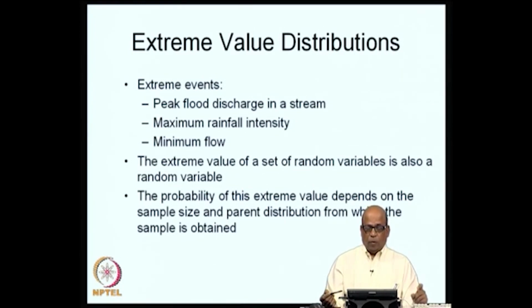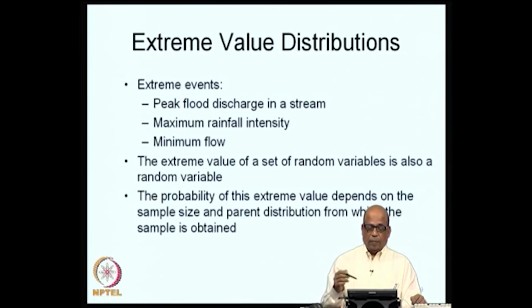So, the flow during the month of June is a random variable, and we may have obtained a sample of 50 values x 1, x 2, x 3, etcetera, up to x 50. All of these become random variables and we are picking up the maximum value out of this sample. If you change the sample, then the maximum value will also change.